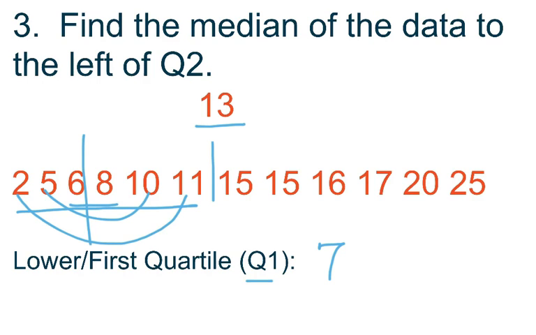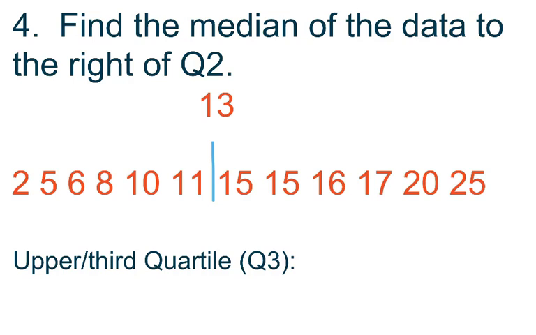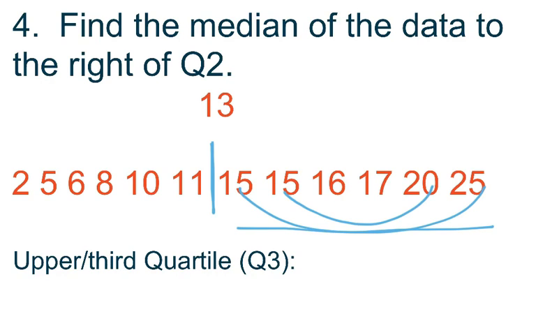All right, next step is to find the median of the data to the right of Q2. Well, Q2 is right here at that 13, okay? So that means that 15 is part of this data set. So I'm going to mark off again till I find the middle, okay? And I have these two numbers in the middle, 16 and 17.